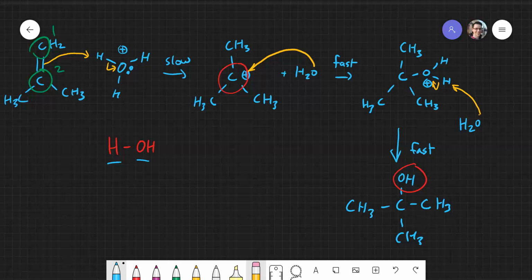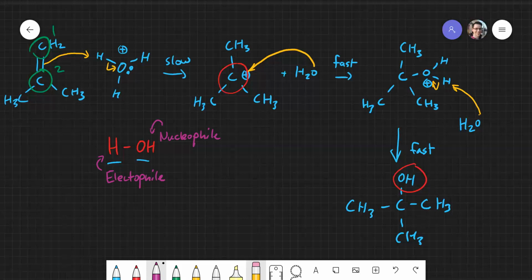The electrophile, which in this case is our hydrogen, was added on to the less substituted carbon, and our nucleophile, which we could think of as the OH, or the OH minus if you want to think about it that way, is added on to the more substituted carbon.